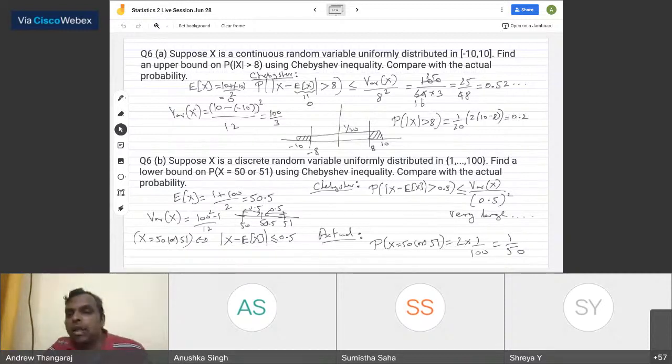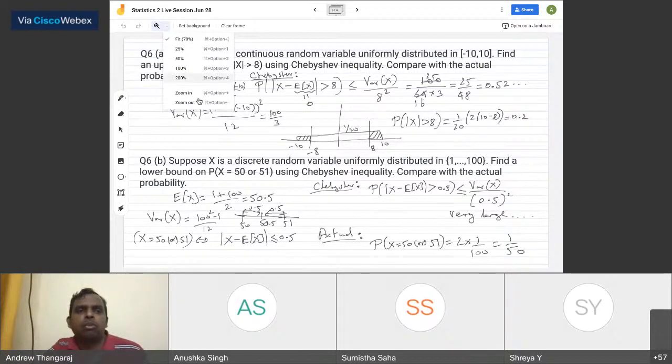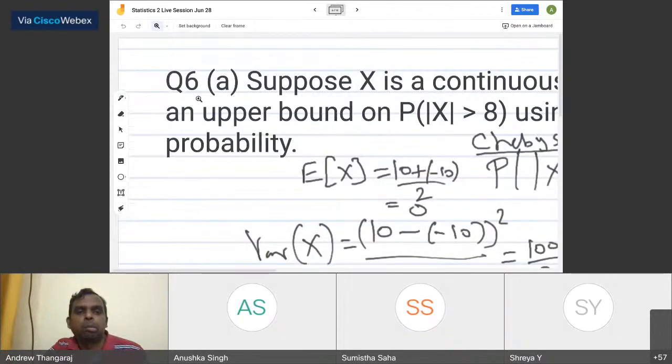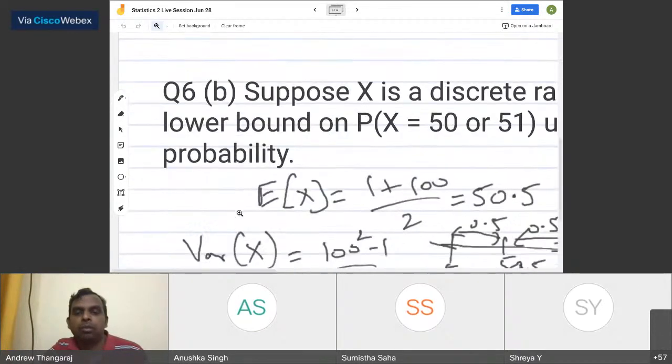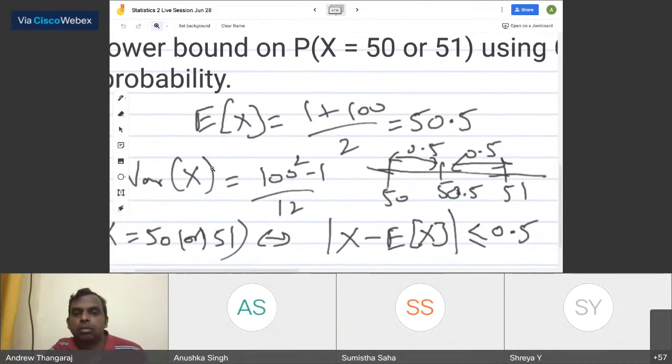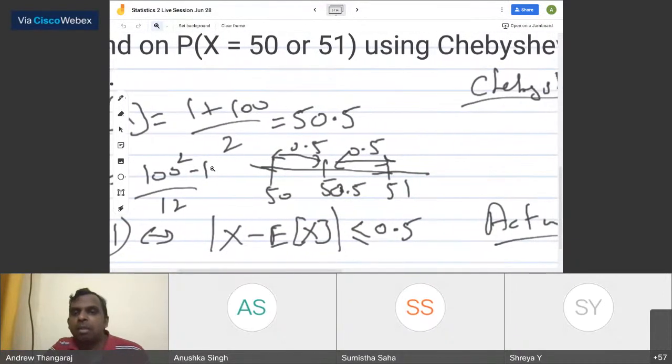Okay. So now what does Chebyshev tell me? Let me see if I can zoom here. Maybe you can see the picture a little bit better.